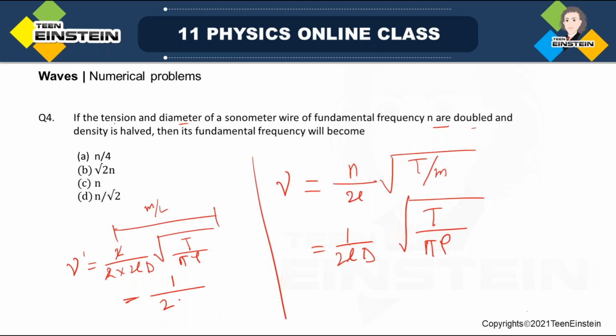Ultimately you get 2LD root over tau by pi rho. This term is equal to the given frequency nu itself, the original frequency. The original fundamental frequency is n, so now also it will be n only. So C will be the correct answer for this question.